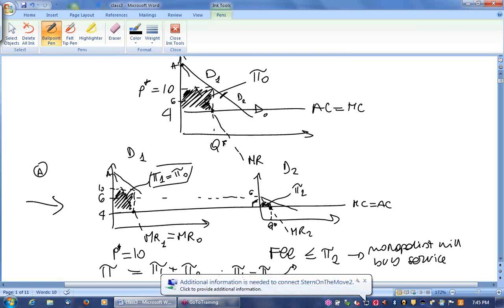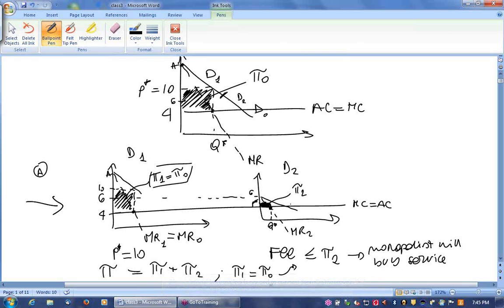It will make this little profit. So pi 2 basically is the extra profit the monopolist is going to make if he splits the demand. It will never pay a fee that is greater than the extra profits that he's going to make. Otherwise, he's going to lose something and he doesn't want to split the demand. Clear?